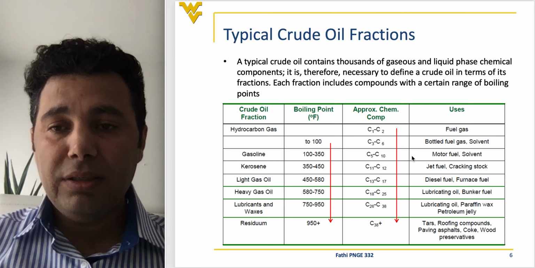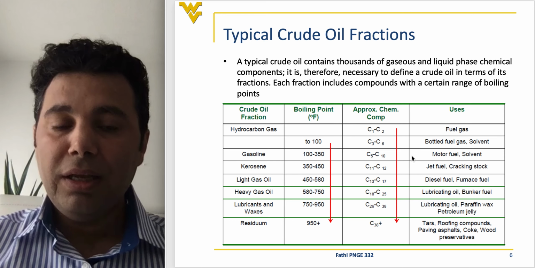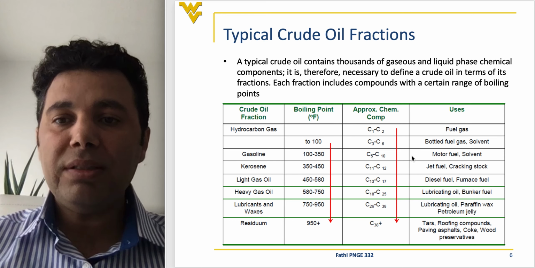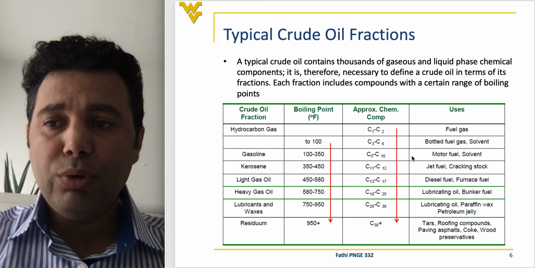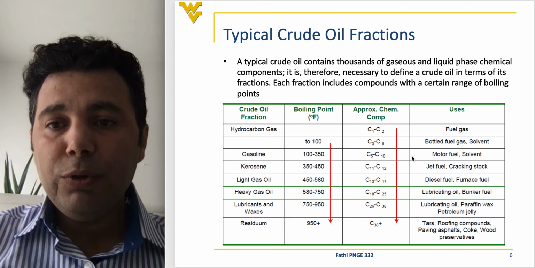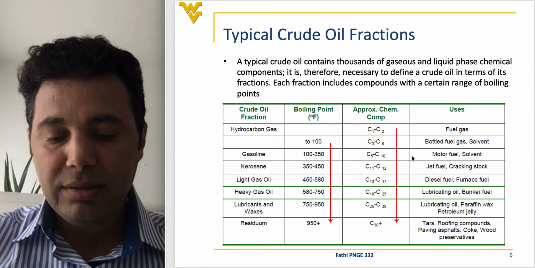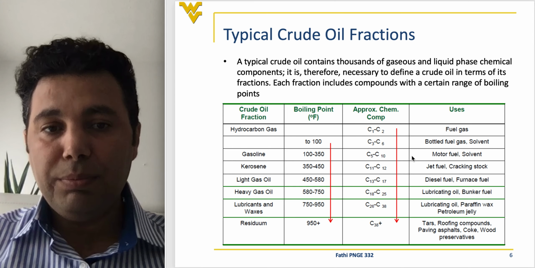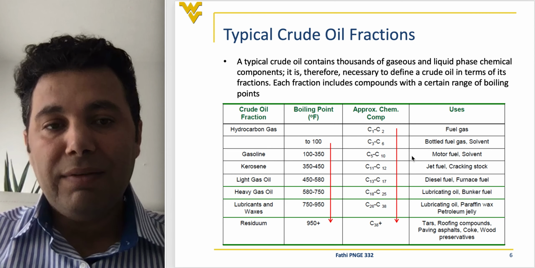Because in the separation tower, we are going to break this crude oil and separate these components at different stages of the processing plant. And obviously, we do this because we can sell every part of this crude oil at a different price; every component will have a different application.